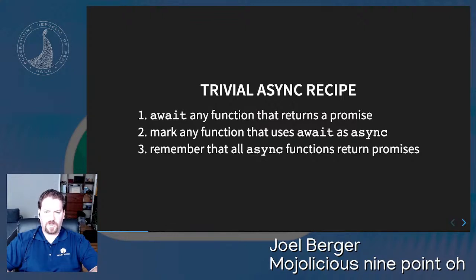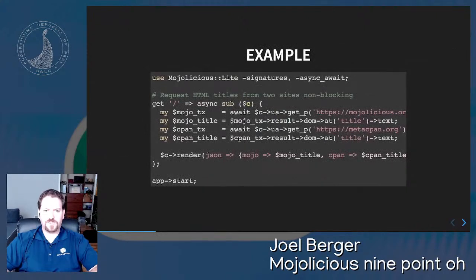I'll show you how this looks in a second. With those two rules, you basically get asynchronous development for free, and that's all you really have to think about in most cases. I added number 3 here, which is to remember that all of your asynchronous functions now return promises, so you have to await those as well. But that's just part of what async await does.